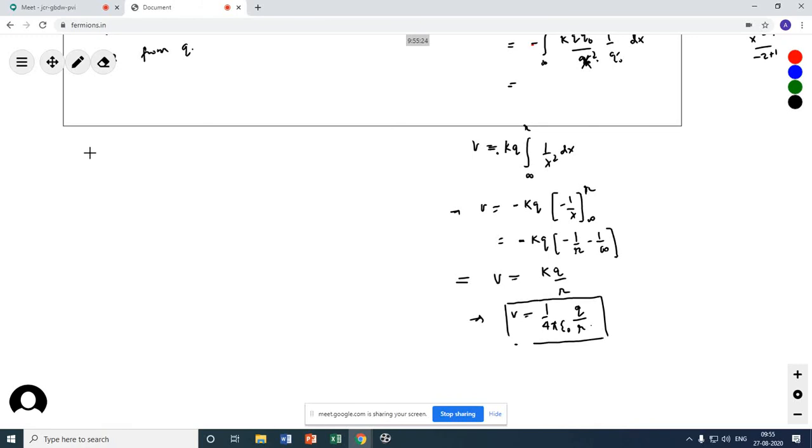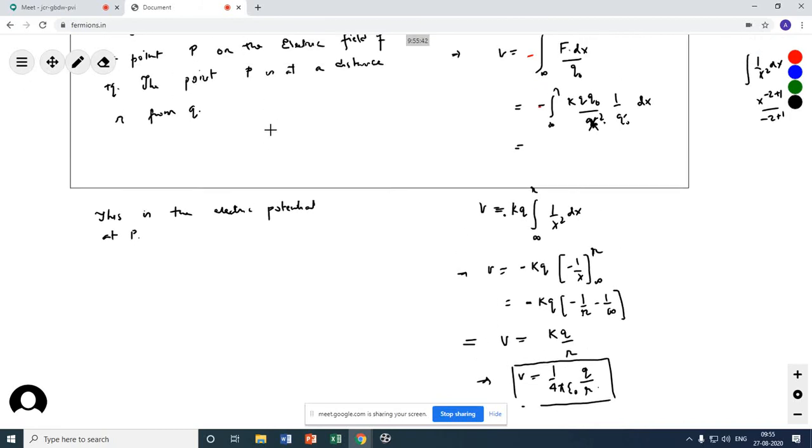This is the electric potential at P. Similarly, potential difference between 2 points also we can find out.